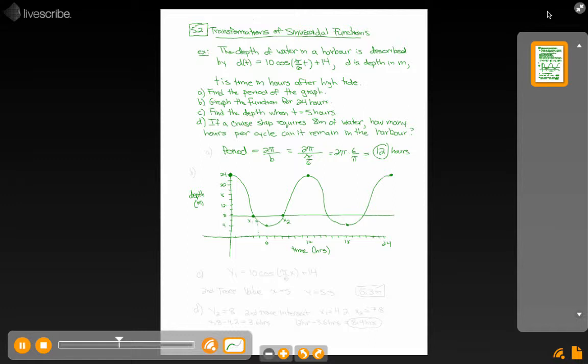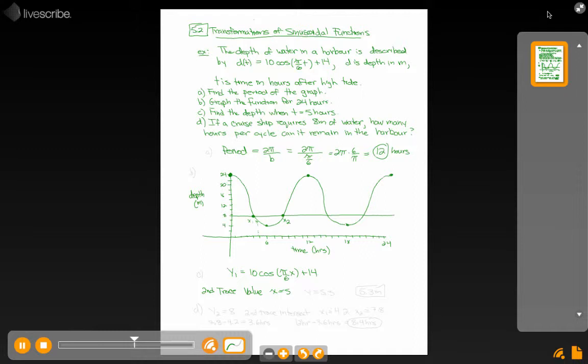Finding the depth when t equals 5 basically just means letting t equal 5 in the equation. Or if you have graphed this thing, you can use your graphing calculator, and we're going to need the graph for the next one anyway, so why don't you graph y equals 10 cosine of pi over 6 times x plus 14, and then to answer question C, you can just do second function, trace, value, and let x equal 5, and you'll find an answer for what y equals.